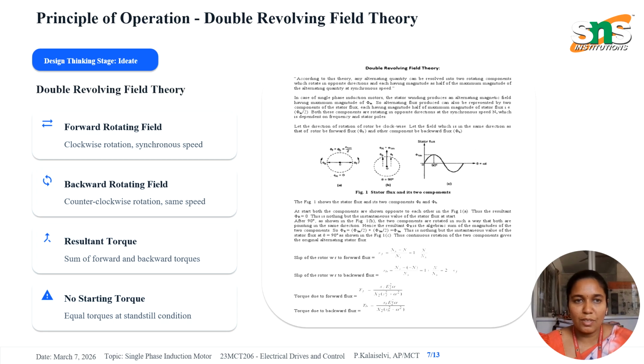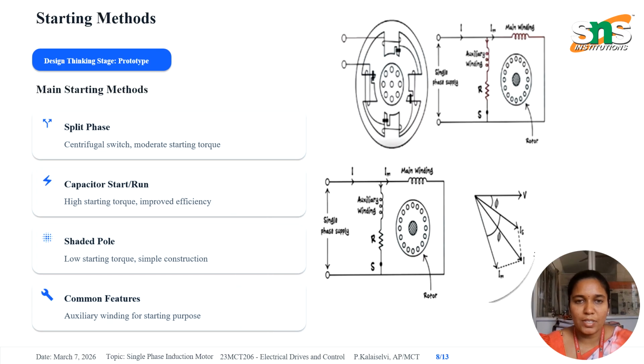The forward rotating field rotates in the clockwise direction at synchronous speed, and the backward rotating field rotates in the opposite direction with the same speed. So at standstill condition, forward torque is equal to backward torque, and the net torque is equal to 0. Therefore single phase induction motors are not self starting. So that's why we are using starting methods.